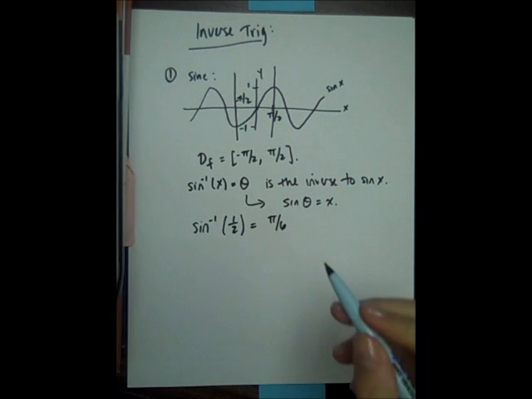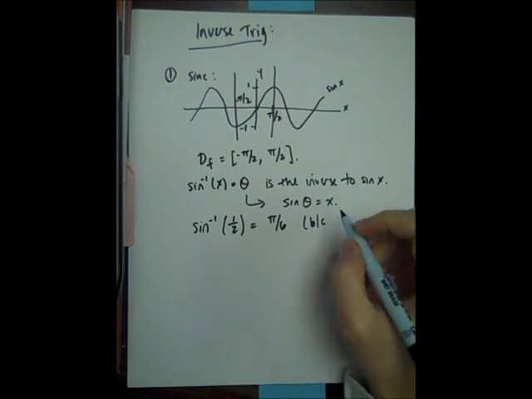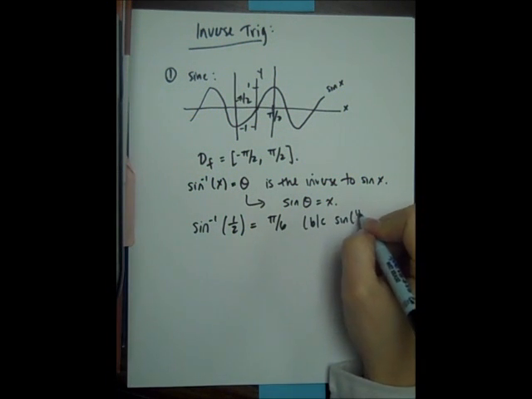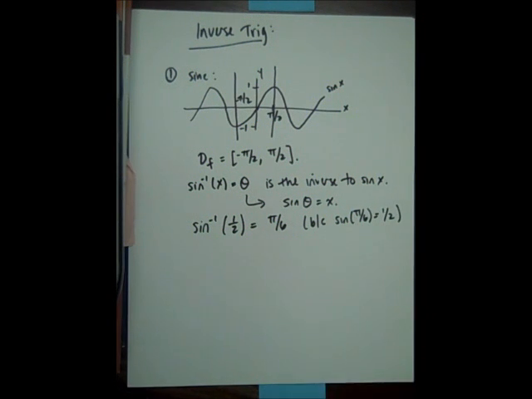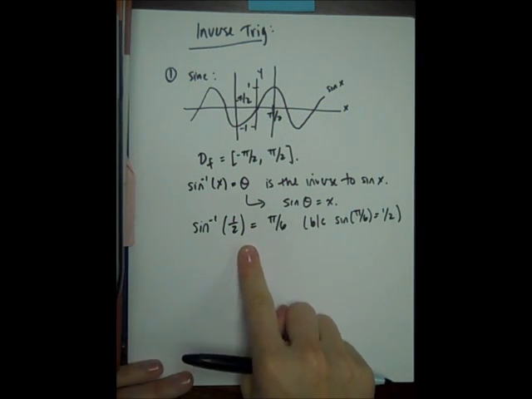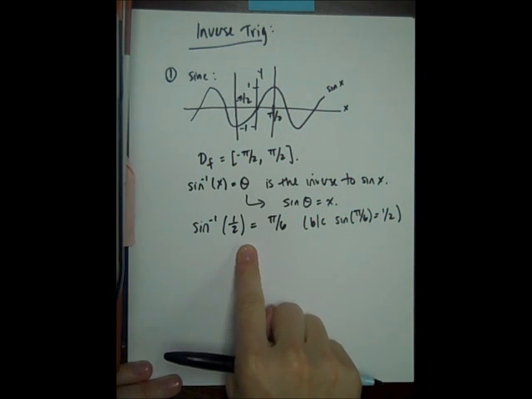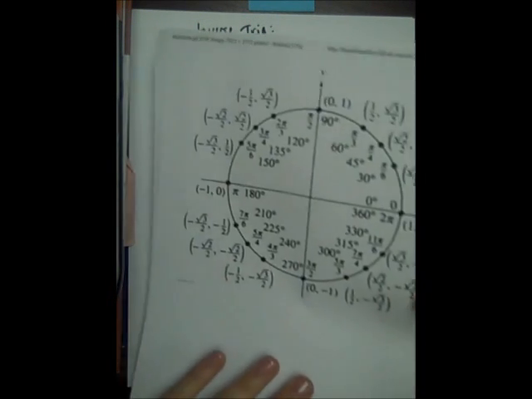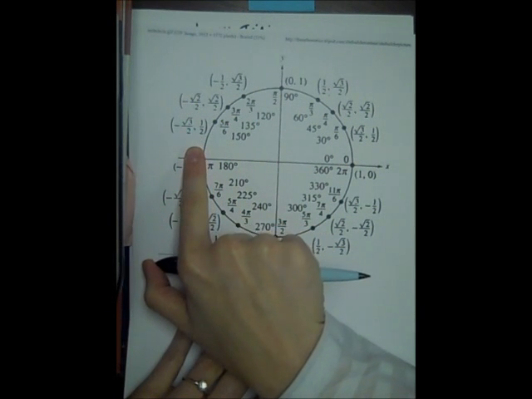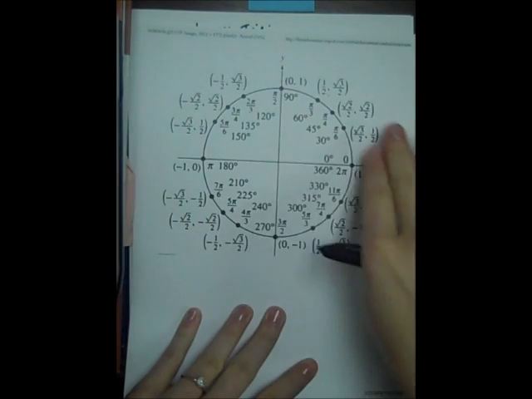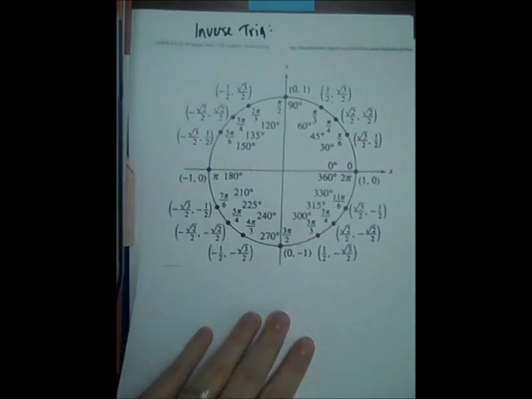So sine inverse of 1/2 is pi/6, and this is because sine of pi/6 is 1/2. And remember, we're only looking at the right-hand side of the unit circle. So I agree there is another point over here where the y-coordinate was 1/2, but that's on the left-hand side. We had to restrict the domain, so we're only looking at the right-hand side of the unit circle.